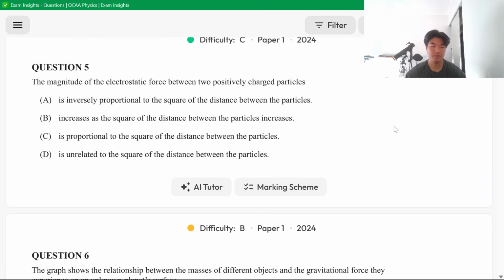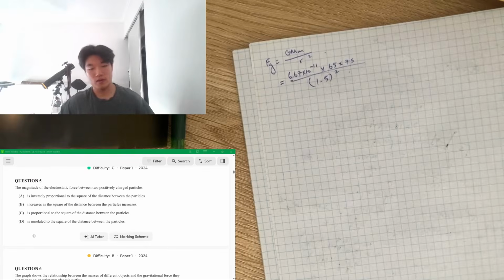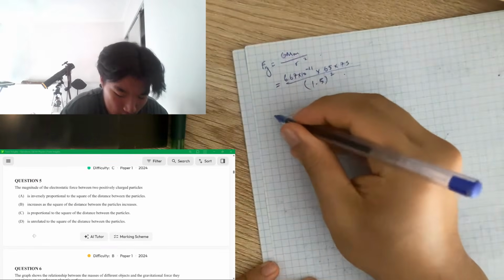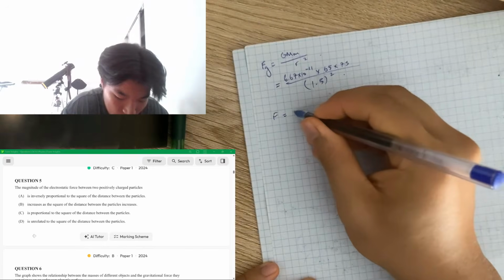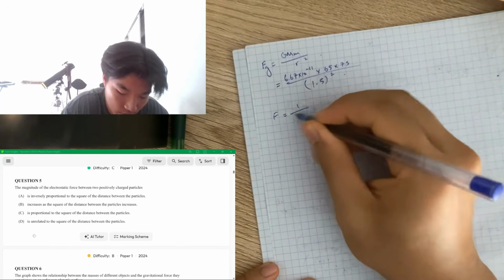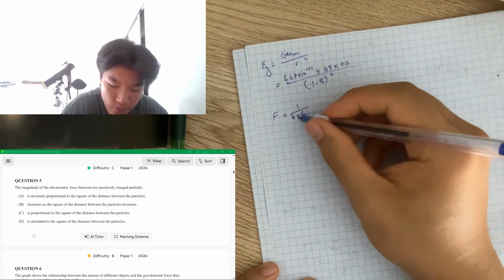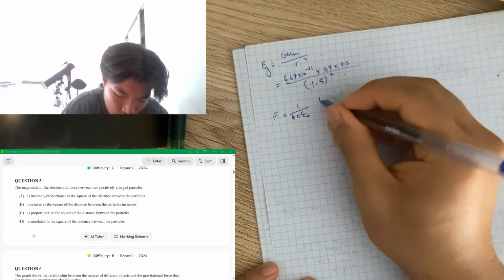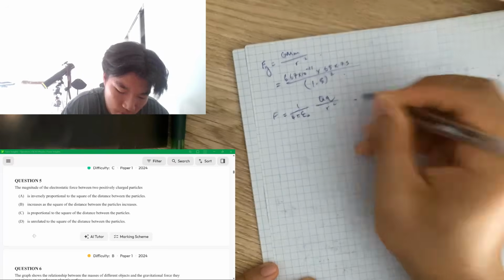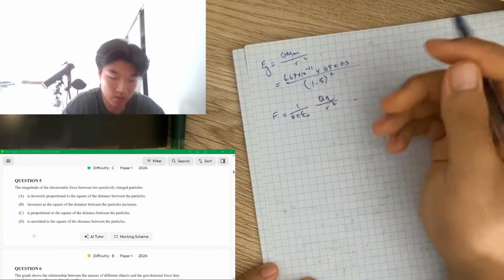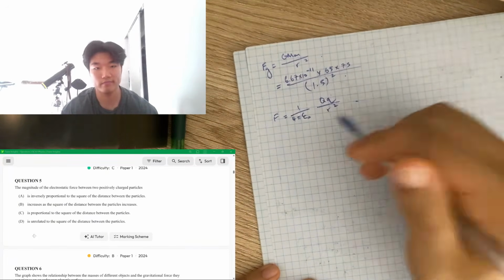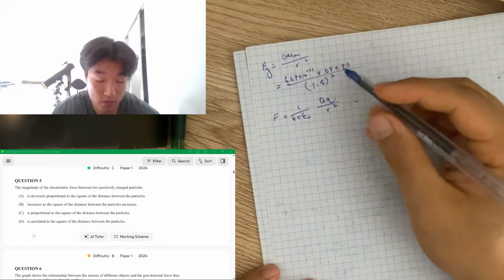So, yeah, let's see. Magnitude of the electrostatic force between two positively charged particles. That is like 1 over 4 pi epsilon naught. Was that it? I forgot. Okay, so that's the force due to the electrostatic force.